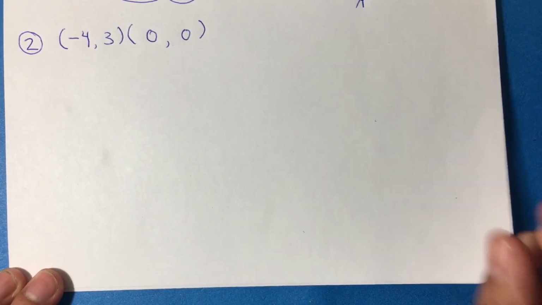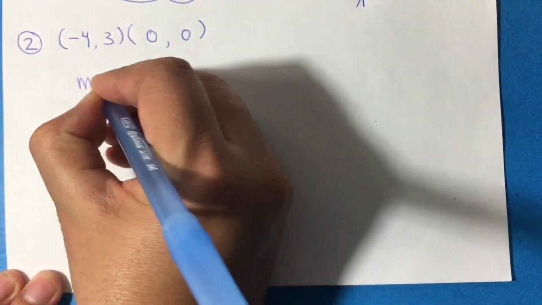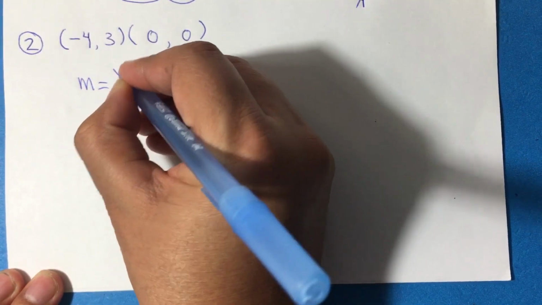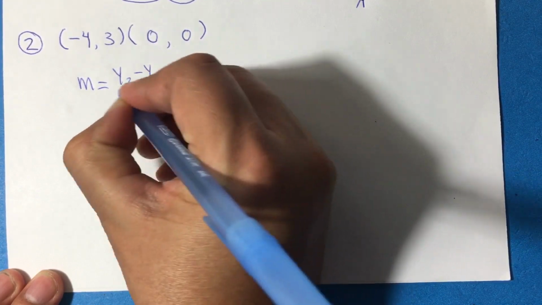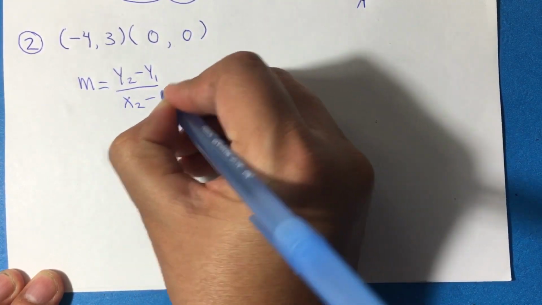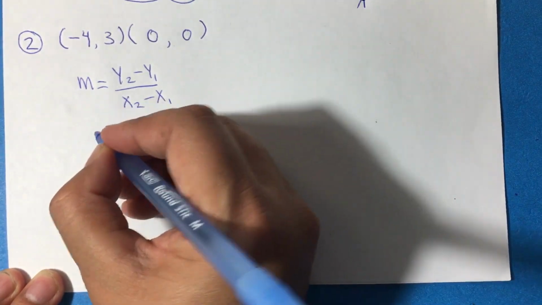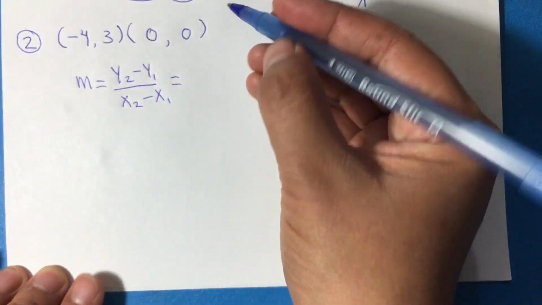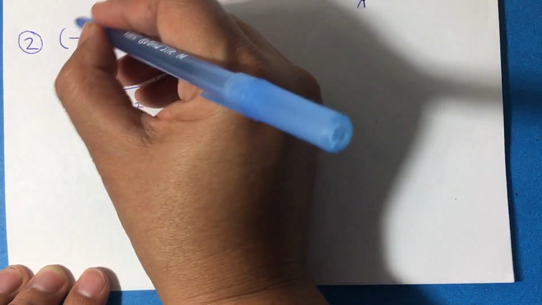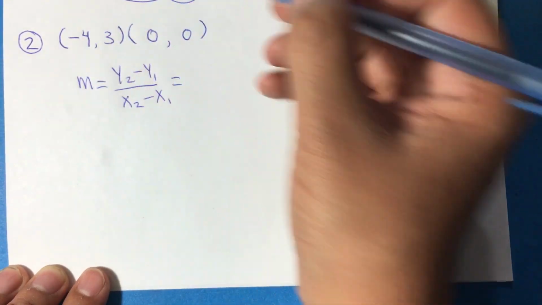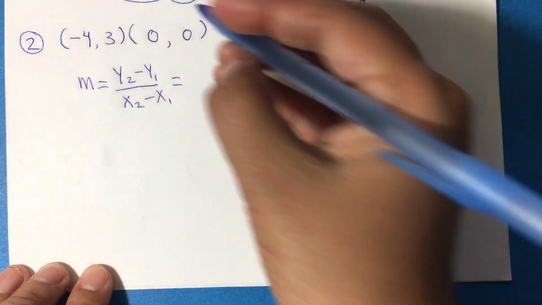Okay, we have one more in here. Again, we're going to use the formula for slope. M equals y2 minus y1 over x2 minus x1. That's to find our slope. And if you don't want to think x1, y1, x2, y2, let me just start with the dolphins.